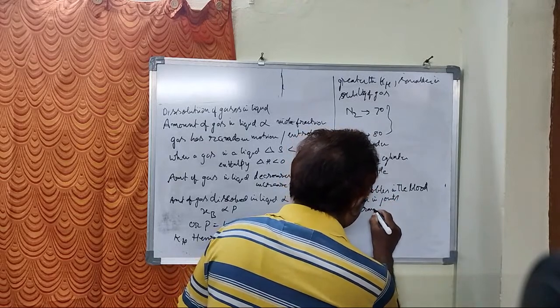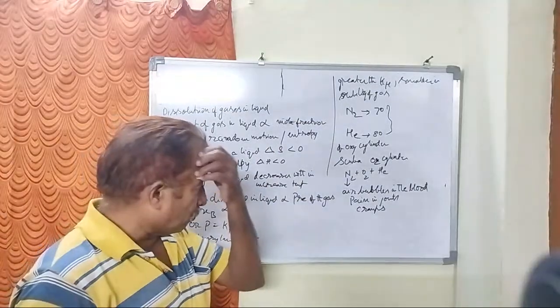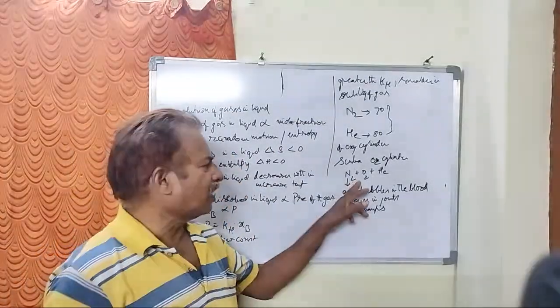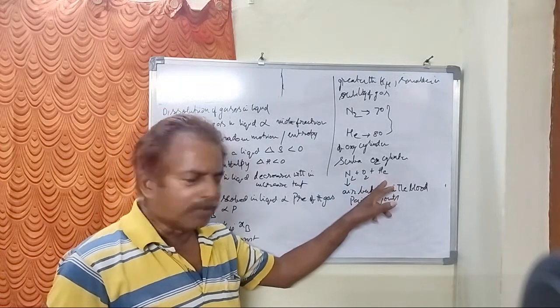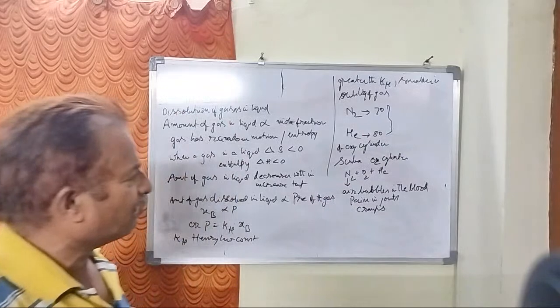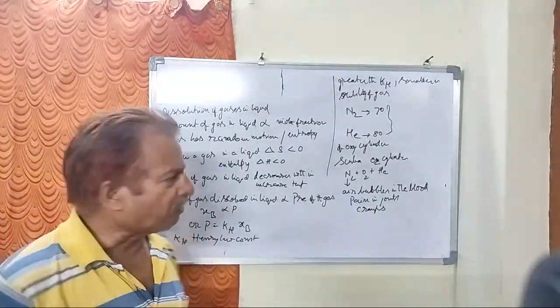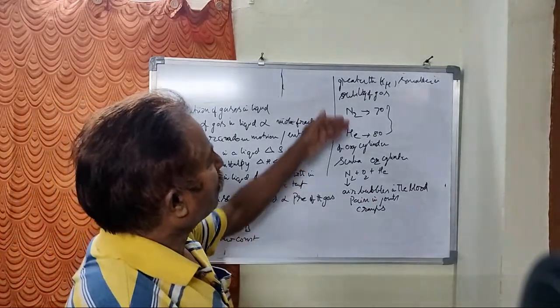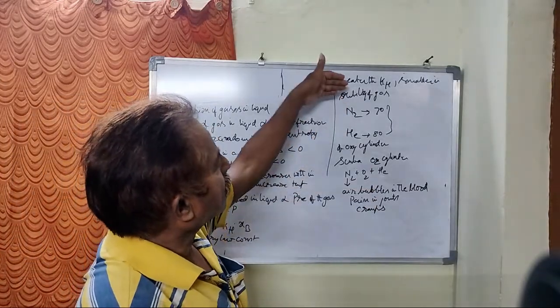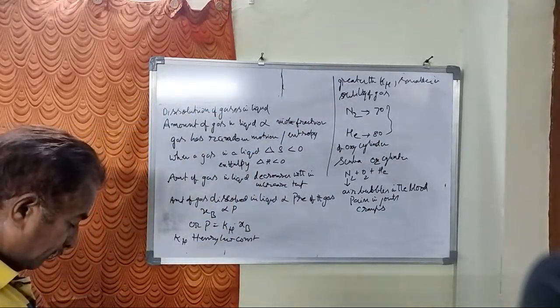These are referred to as cramps. So, to minimize the cramps, some of the nitrogen is replaced by helium, because helium dissolves to a very, very small extent even if the people go into the deep sea. Therefore, these cramps are prevented. That is one of the applications of the solubility of a gas in a liquid, that is Henry's law.